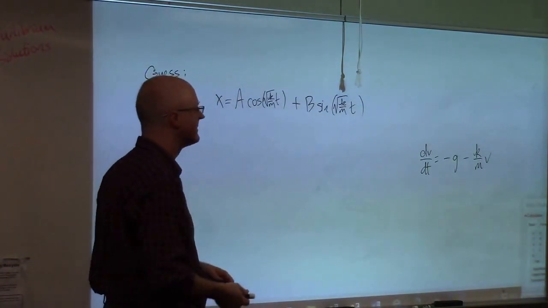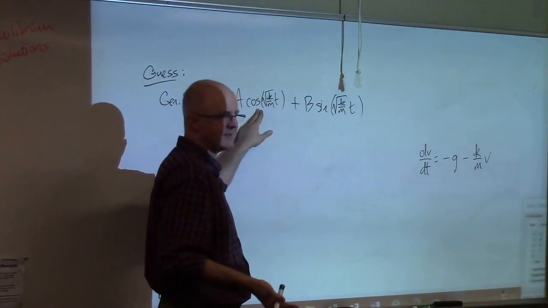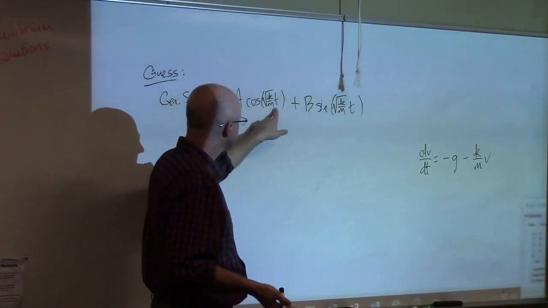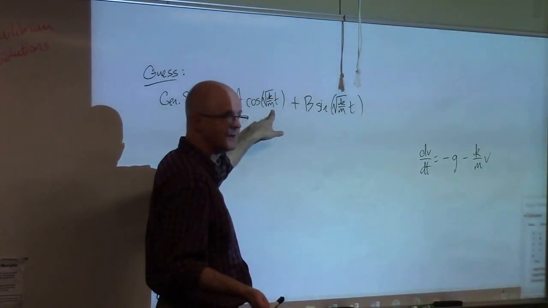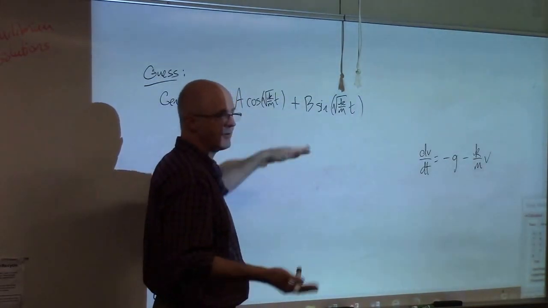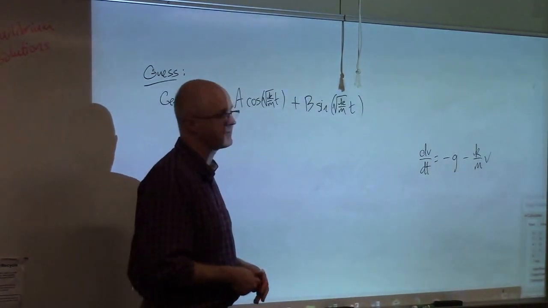Check it in your mind. Differentiate cosine of t, you get negative sine of t, but since you've got cosine of this times t, you're going to get an extra factor of that square root in front. When you differentiate again, when you find the second derivative, you're going to get another factor of the square root of k over m.